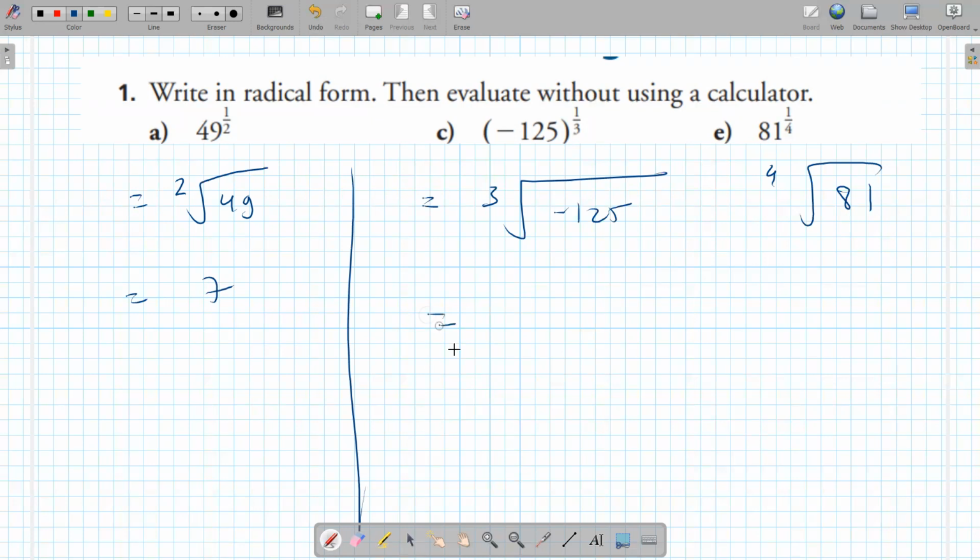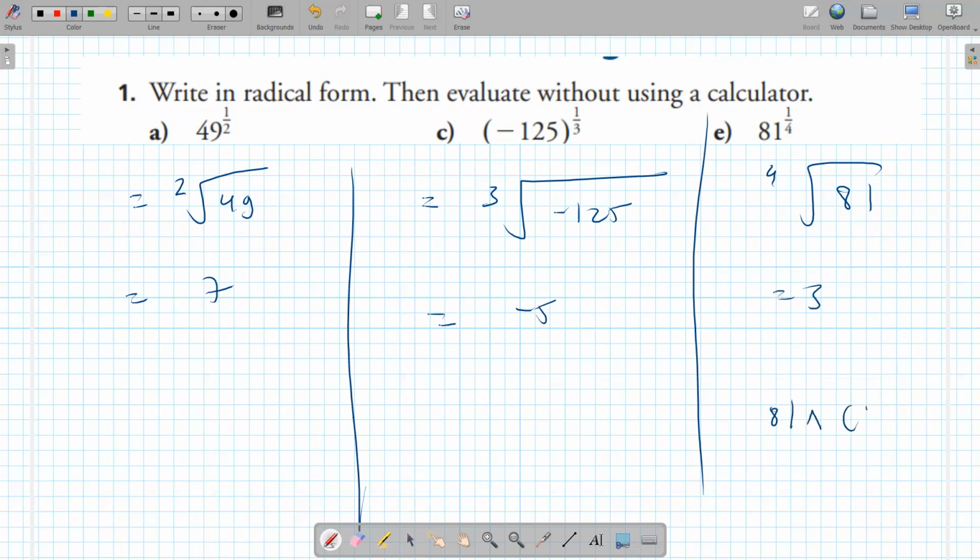That's easy. What's the cube root of negative 125? It's -5. Right. What's the fourth root of 81? 3. Yep.